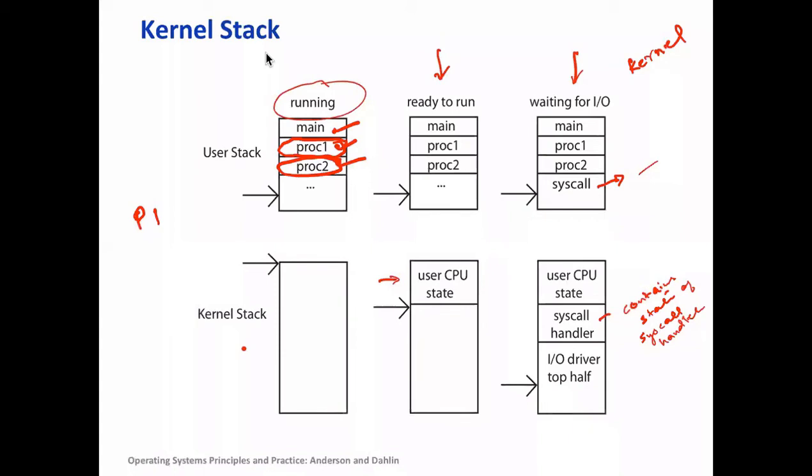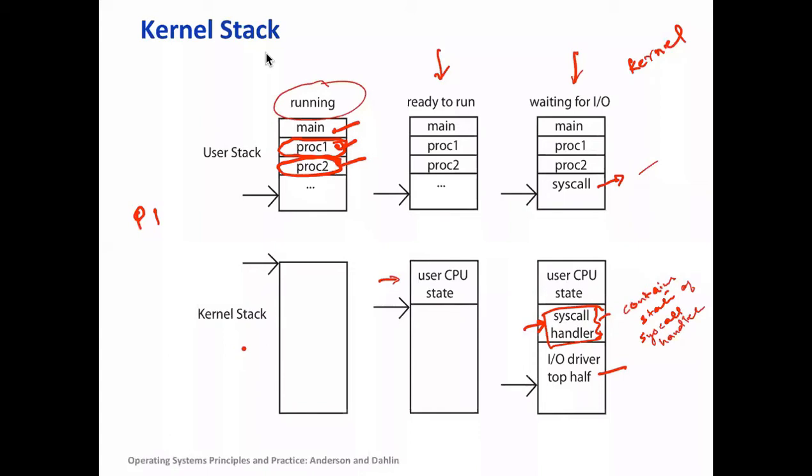So all that local state, while the syscall handler is in execution, will be kept in this place. And similarly, suppose it's doing IO, the IO driver is in operation, like disk IO or something, then its own state will also be kept here. It's not the code, it's the state. Remember this thing, right?